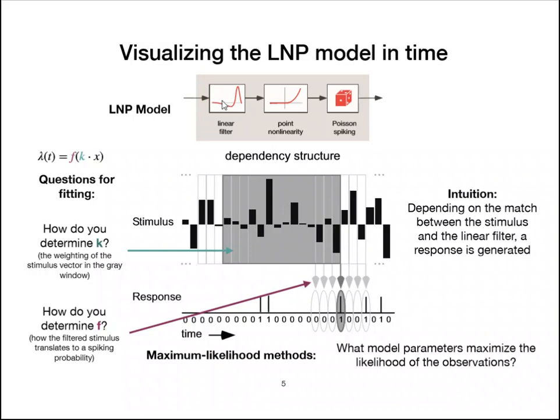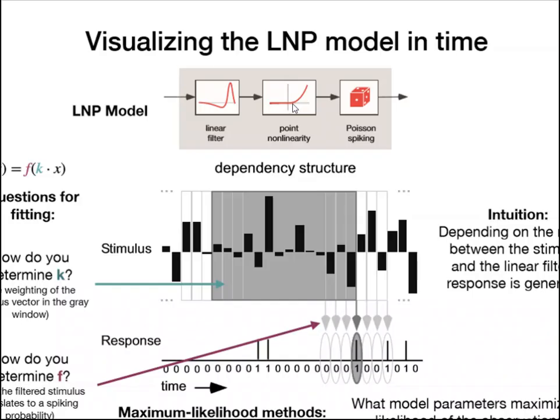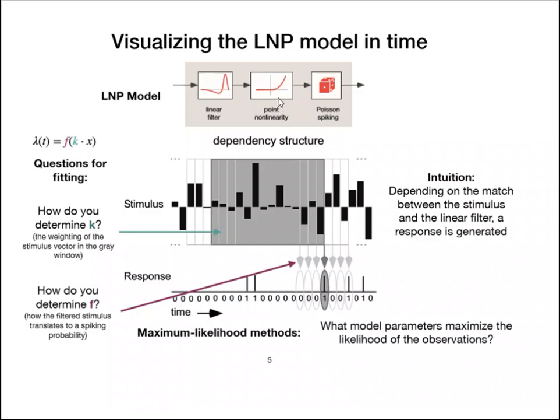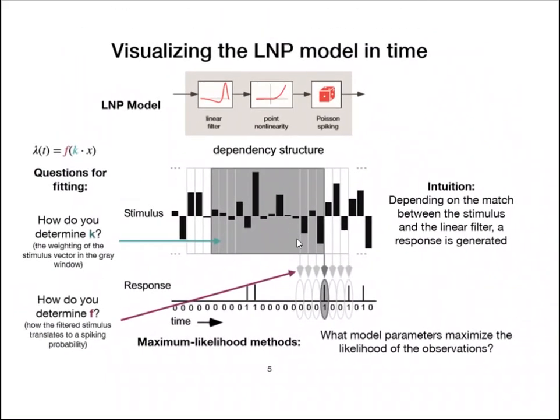Then we put that into the linear filter, and it gives us Kx, the average value times K. Once you have that, we put it into the point nonlinearity, where the value corresponds to some value and gives an output. So we have to know the function for the nonlinearity as well. What the maximum likelihood methods are doing is, given we have parameters for these two, what parameters should we use to maximize the likelihood of this observation?